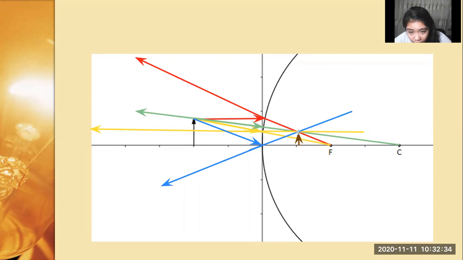It's really small. There. So let's look for the magnification and everything. So as we can see, it is smaller. And for our orientation, it's the same orientation, upright. For the location, wherever you place your object, it's going to form the image behind the mirror.